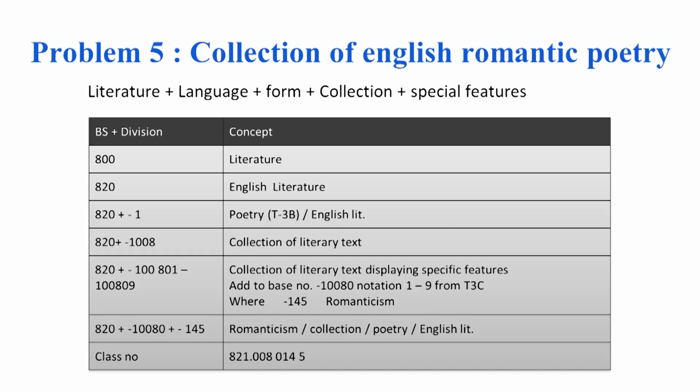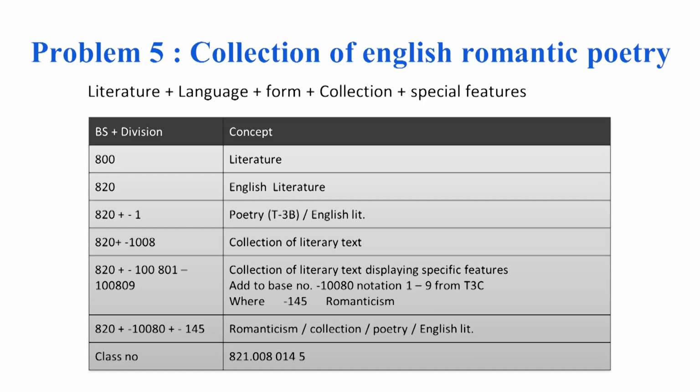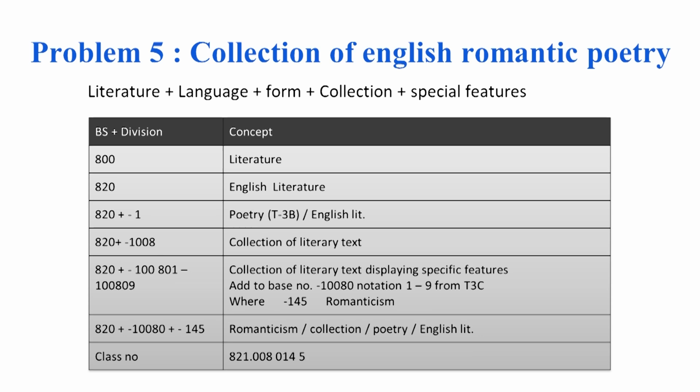Poetry and collection is totally added. So 10080. And according to instruction, we have to add the particular number that we will obtain from table 3C from the range number 1 to 9. So within 1 to 9 we will see the number 145, extended of dash 1.